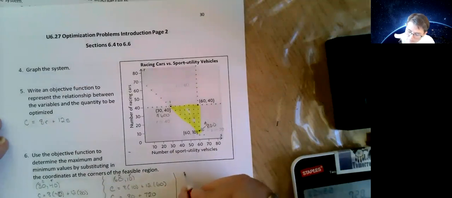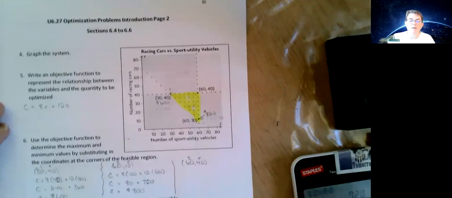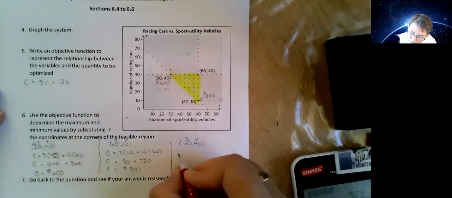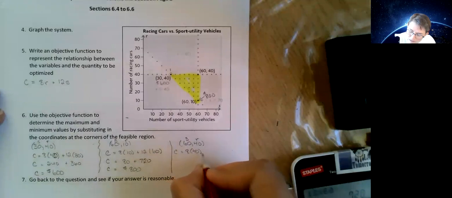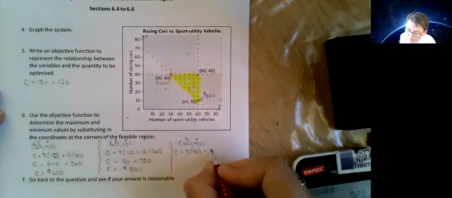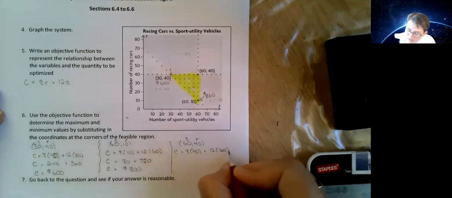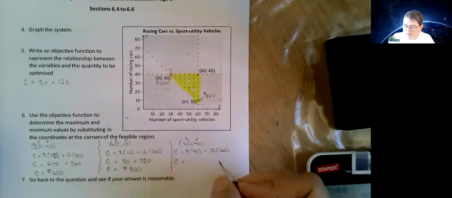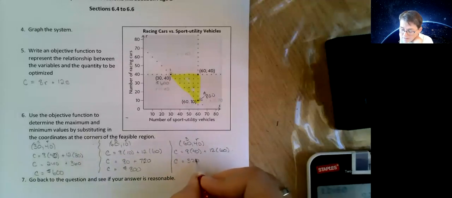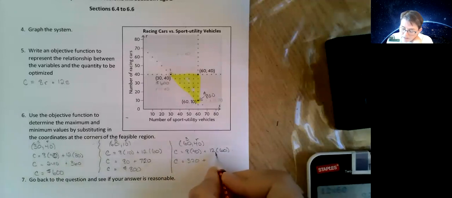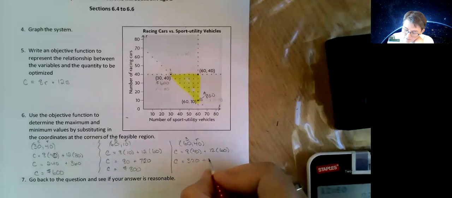And last one is 60 and 40. And this is my S and this is my R. Oh, you couldn't see what I was doing. So my cost is equal to 8 times my 40 plus 12 times 60. 8 times 40 is 320 plus 12 times 60, oh, that's 720.